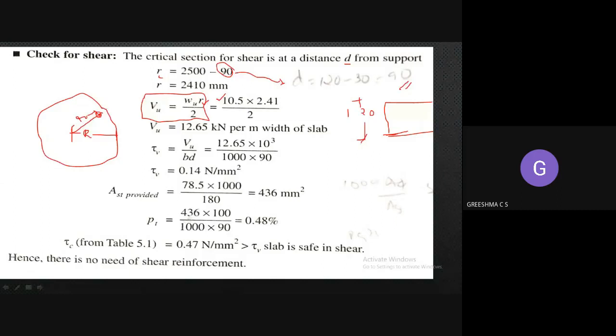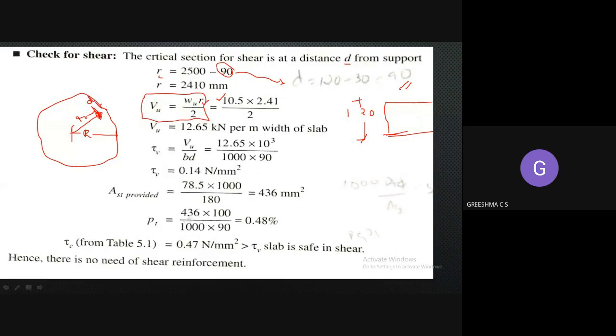Maybe assume that you can take this point. This is the point where you have the maximum shear force, or you can say this is the point where we have the critical section. Each section will be at a distance of d from the support.